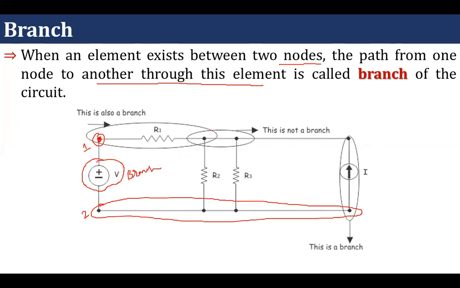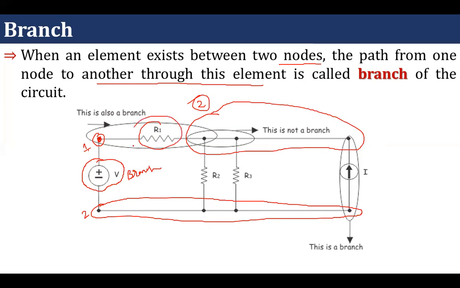Here we know that all these 3 are the same node, and let me say this is node number 2. So 1 and 2 have one branch, that is R1. But if 2 nodes are directly connected, there is no circuit element, it means there is no branch between these 2 nodes.